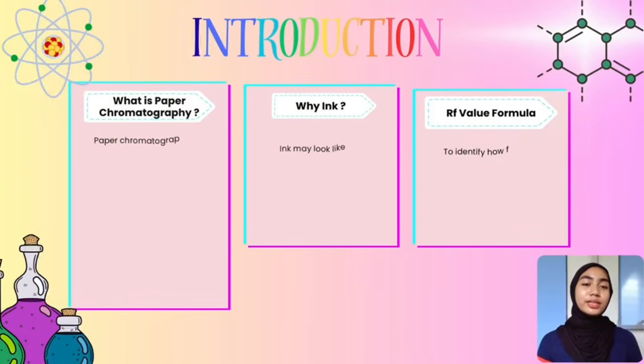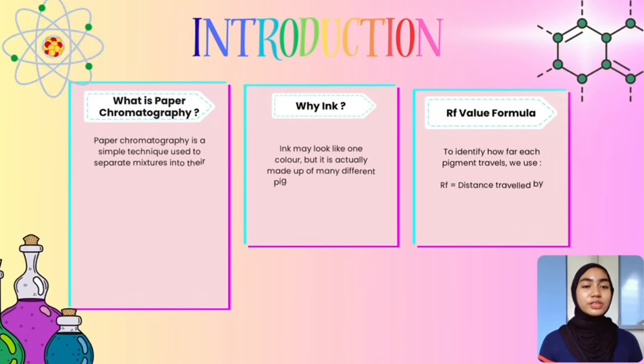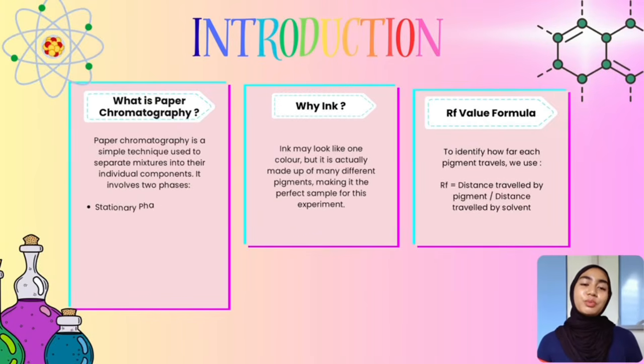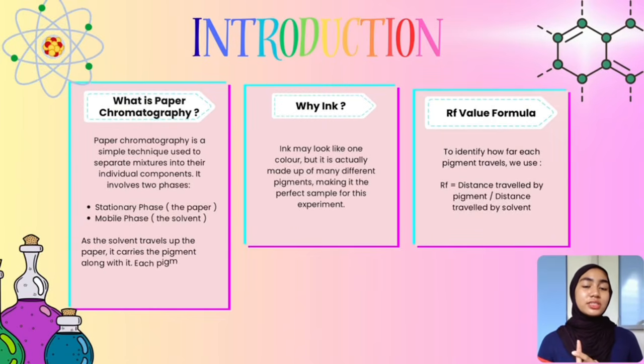Assalamualaikum and hi everyone. Today our group will be presenting our experiment called Separation of ink using paper chromatography for session 256. So, paper chromatography is a simple technique used to separate a mixture into its individual components. It involves two phases, the stationary phase, which is the chromatography paper, and the mobile phase, which is the solvent.